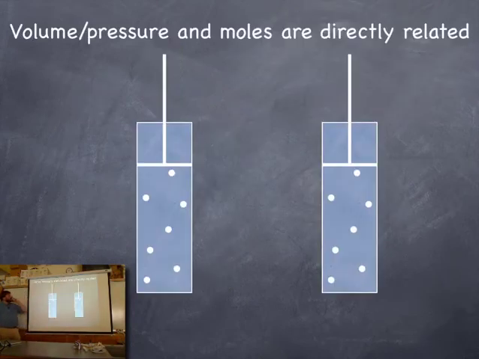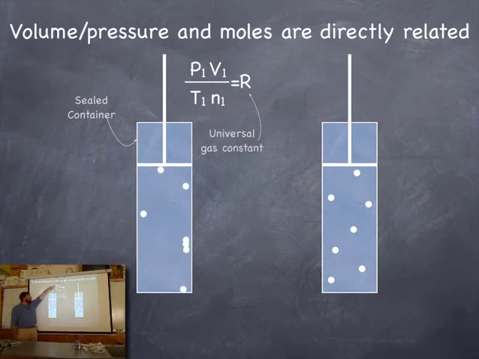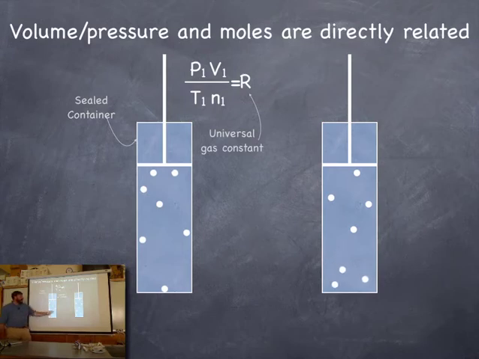And so what we need to think about is, how do the number of particles affect this? If I have my typical container, and the little particles are bouncing around, and I'm measuring the pressure, the volume, the temperature, and the moles, now when I cool this thing down, some of these particles fall out. They become a solid. I now have fewer particles.